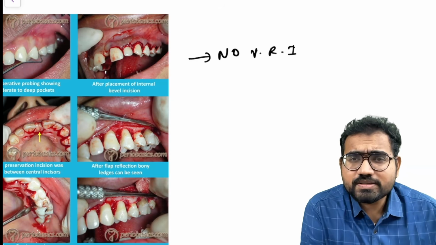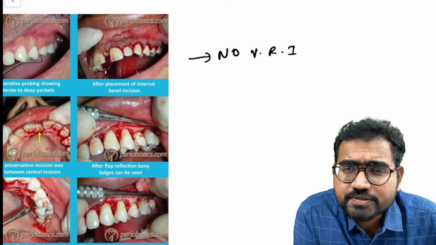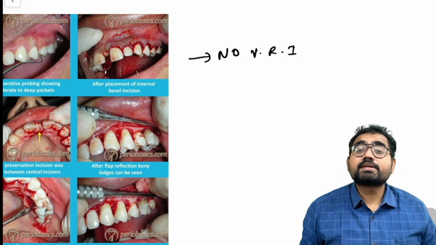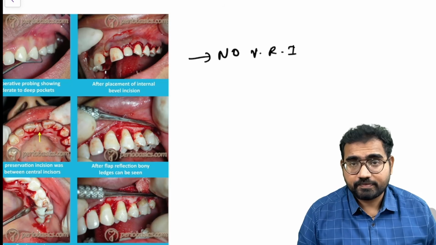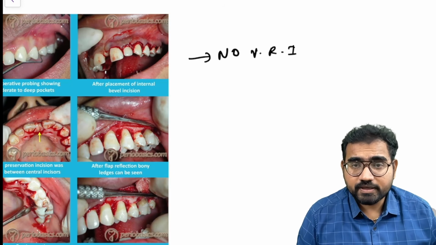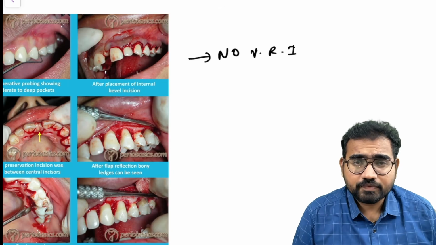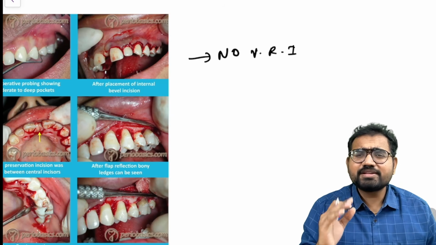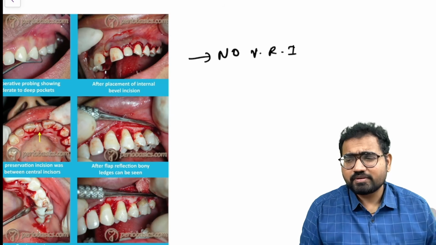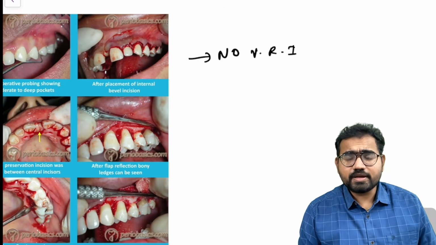Can anyone tell me what the drawback of vertical releasing incisions is? As I told you, it is aesthetically compromised. When I give vertical releasing incisions in my anterior region, definitely it is not going to look aesthetically good, right?